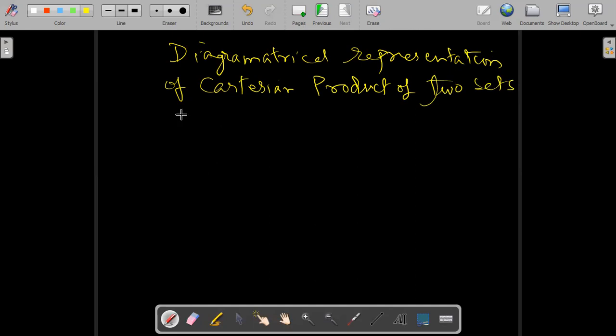Diagram means, suppose in the sets we have seen, I'm having 1, 2, 3 in set A, and set B will have a, b.